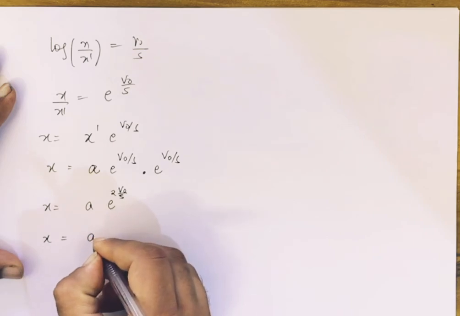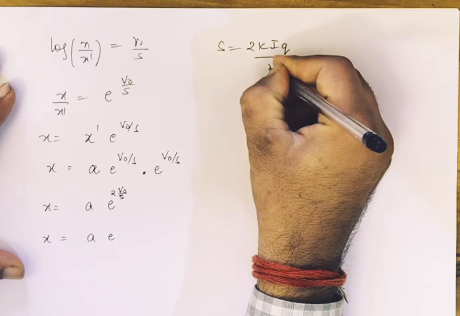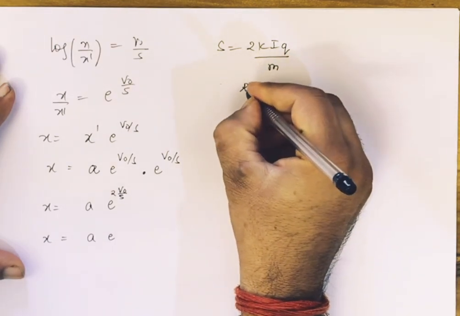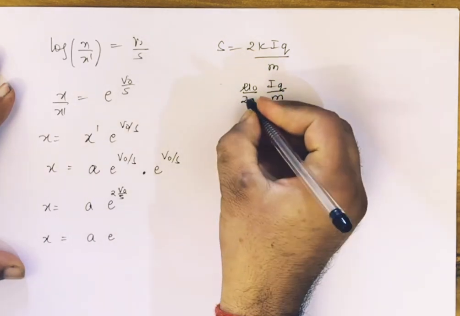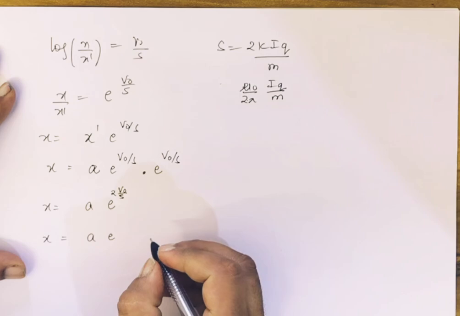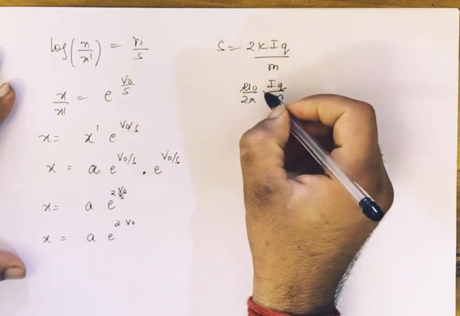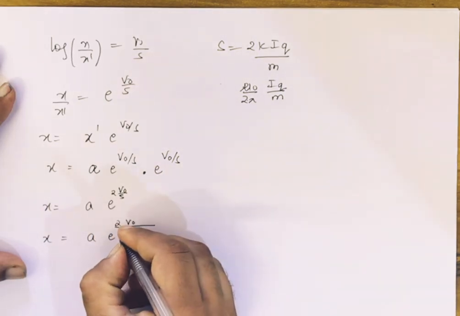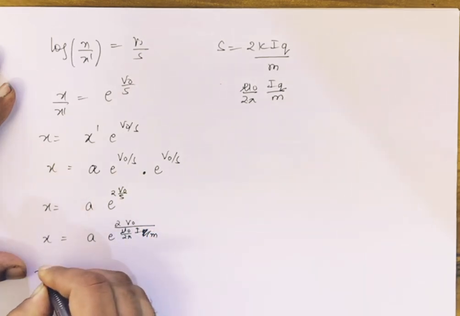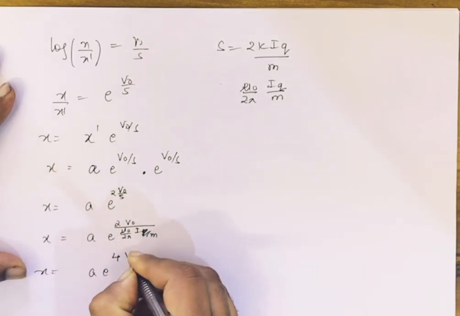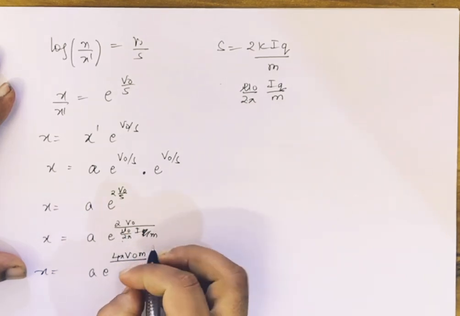Now we can write s is 2k i q by m, no? So now we write 2k as mu naught upon 2 pi, i q by m, and 2 also gets cancelled. No, s is in the denominator. Fine. So 2 v naught, so I'll write 1 in the denominator, divided by mu naught upon 2 pi i q by m.